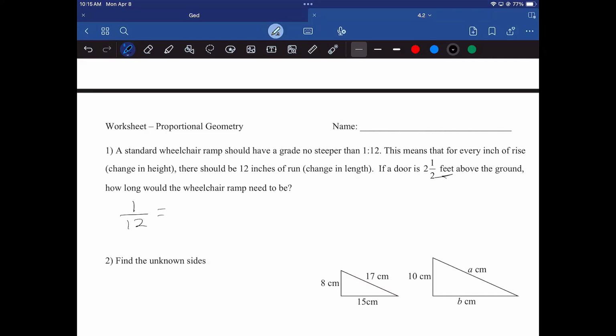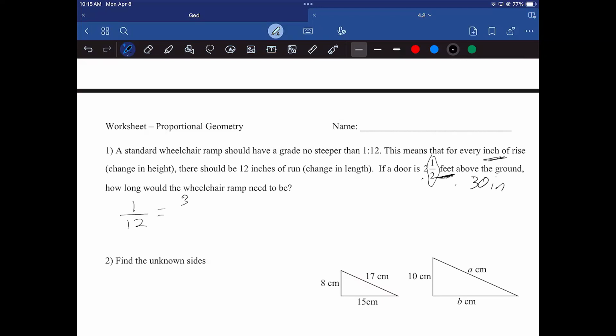Now notice this is a trick question right there, because this says for every inch. This is in feet. So let's convert that, shall we? Convert that to 30 inches, because in 2 feet, there's 24 inches, plus half of a foot would be 6 inches. So that would give me 30 inches.